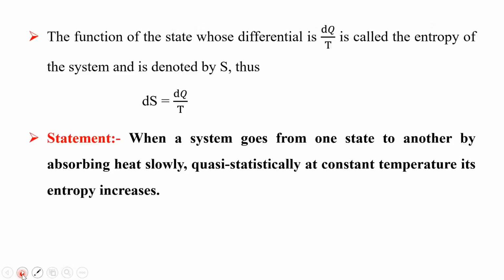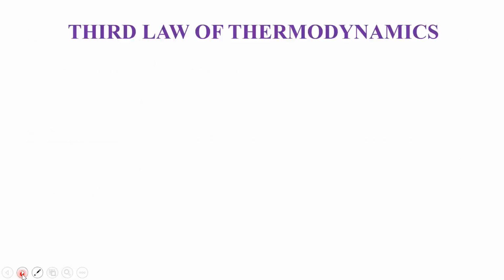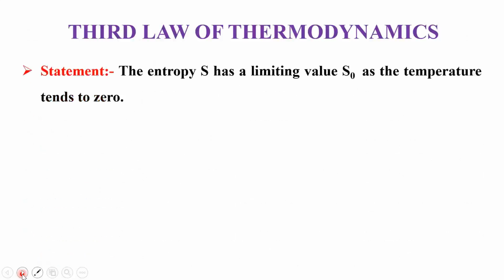Now we discuss the third law of thermodynamics. The statement of the third law is that the entropy S has a limiting value S0 as the temperature tends to 0.